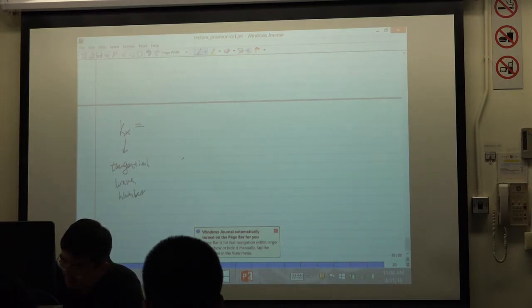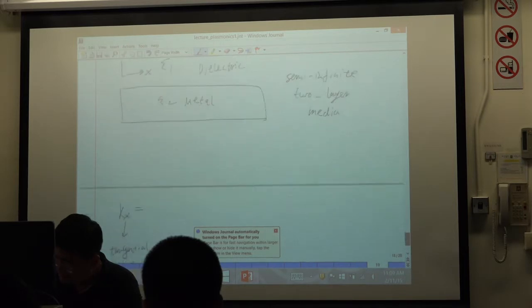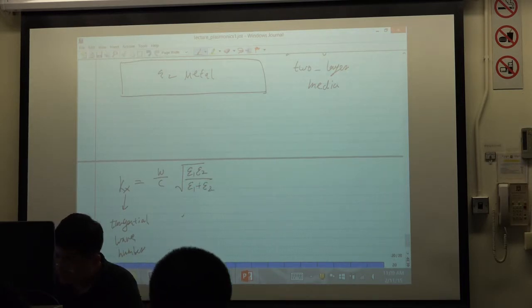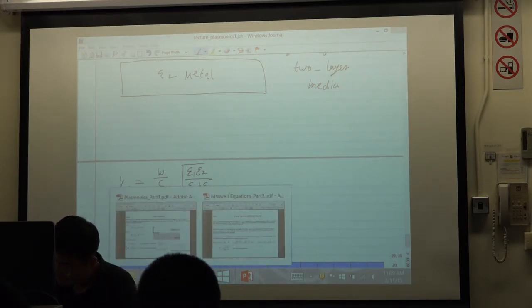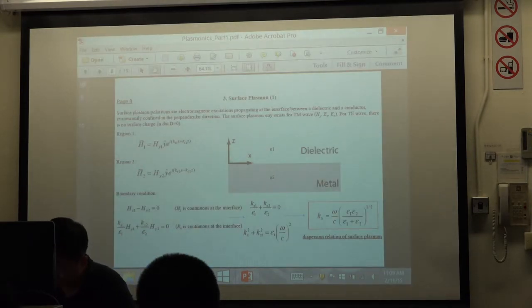Kx equals omega over c times the square root of epsilon 1 multiplied by epsilon 2 over epsilon 1 plus epsilon 2. This is a very famous relation, very famous.